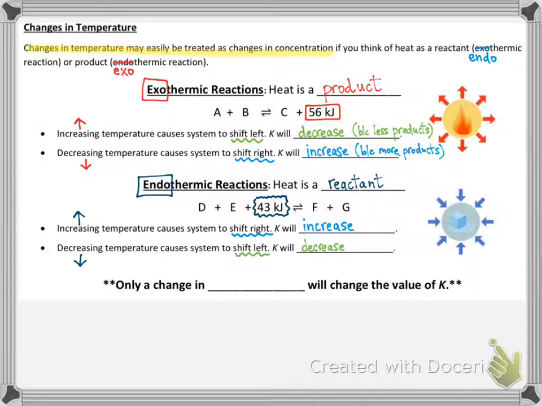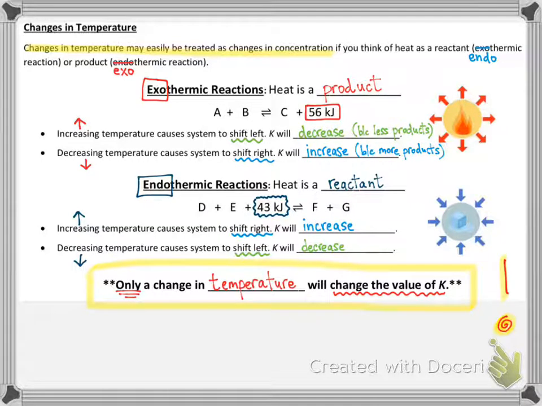So notice, this is so important, so break out your highlighter, whatever you do to make sure you know this sentence is important: only a change in temperature will change the value of K, no matter how the reaction system shifts.